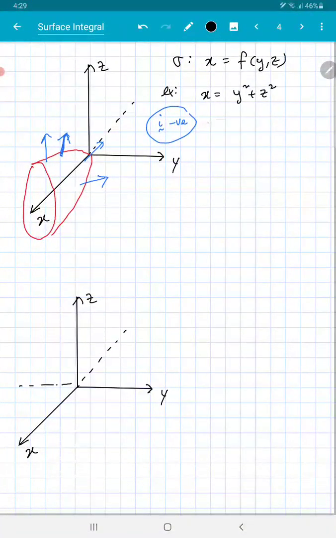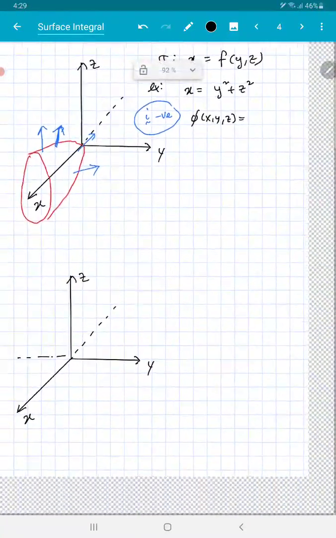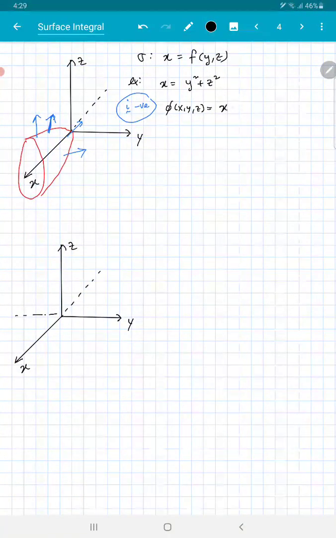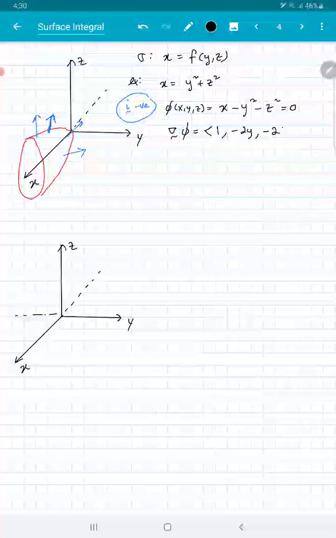So our phi now, you can do it either way you like. Let's say I'm going to rearrange it so that the equation now becomes x minus y squared minus z squared equals 0, and then find del phi, because your normal vector is either del phi or negative del phi. Differentiate phi with respect to x, you get a 1. With respect to y, you get negative 2y. With respect to z, you get negative 2z.